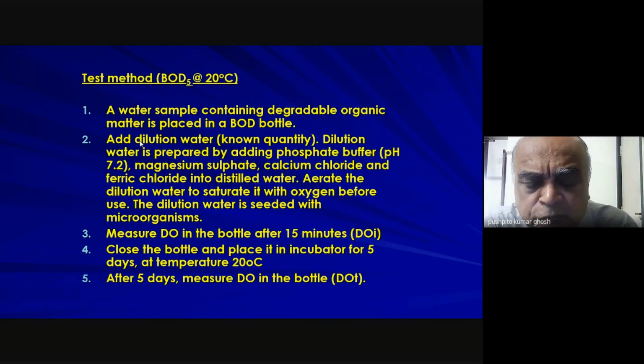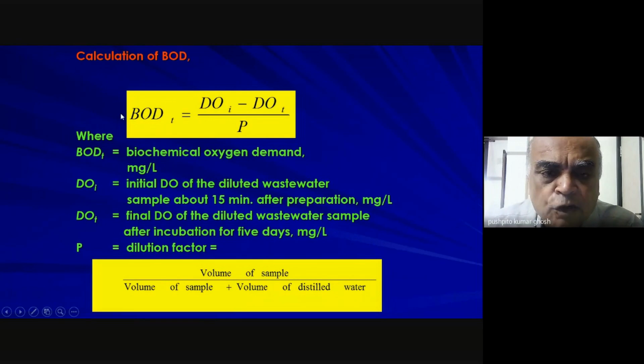So again you measure the dissolved oxygen after 5 days, and then your BOD at time t, let's say 5 days over here, would be equal to the initial dissolved oxygen minus the dissolved oxygen after 5 days, divided by P, and P is equal to the volume of sample divided by the volume of sample plus the volume of distilled water. And so that's how you will measure BOD at a particular time.